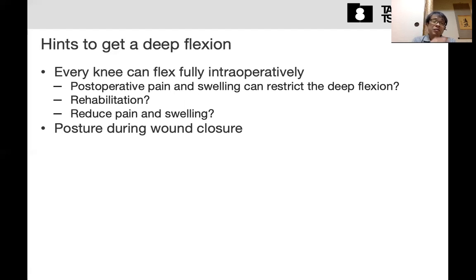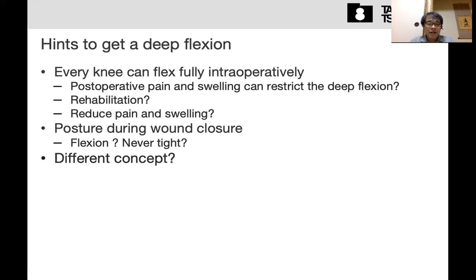But sometimes if we suture in the deep flexion position, after extension the wound can open, because in extension everything is looser.